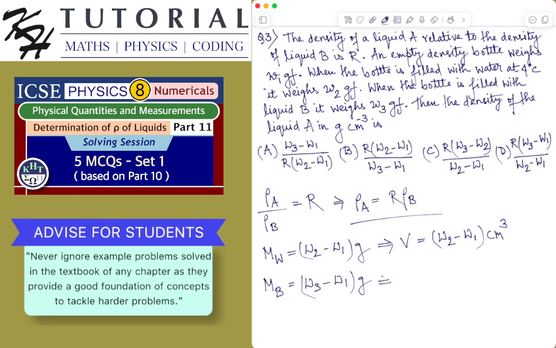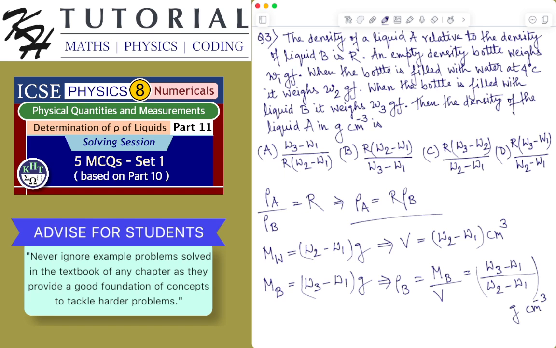So the density of liquid B will be equal to MB divided by the volume of the density bottle, which is V. This will be equal to W3 minus W1 divided by W2 minus W1 gram per centimeter cube. This is the density of liquid B.